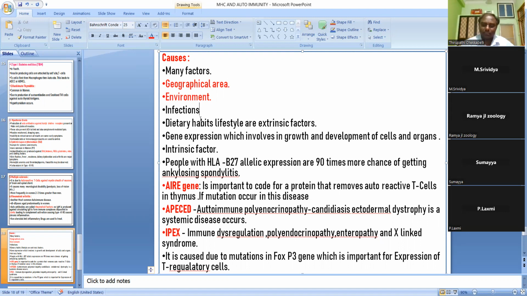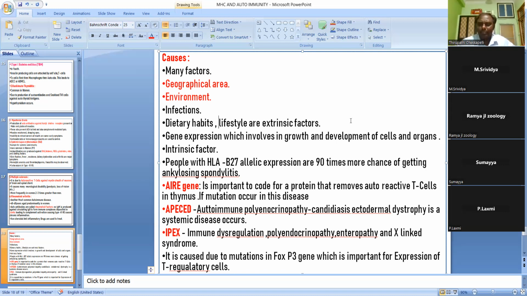And infections. Some viruses can also cause mutations in our DNA that lead to altered protein production. Okay, so dietary habits, lifestyles, some food additives. Some food additives can also damage us, they are just like drugs.